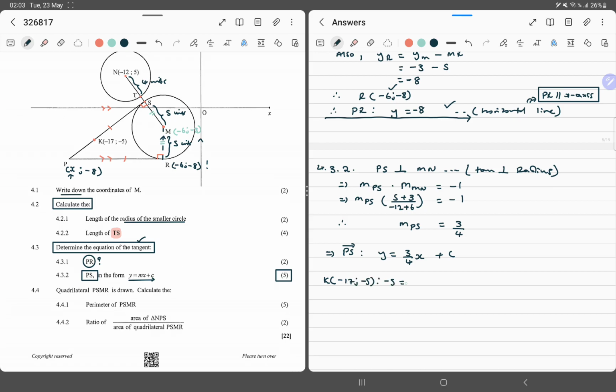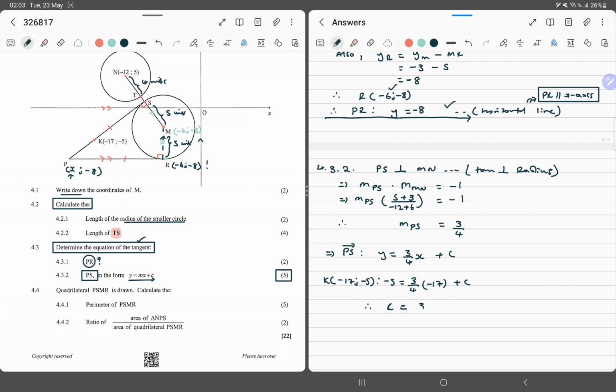we will have -5 is equal to 3 over 4 into -17 plus c. Therefore, c is going to be equal to -5 plus 3 over 4 into 17 essentially.